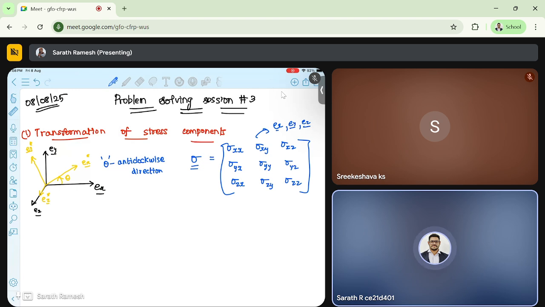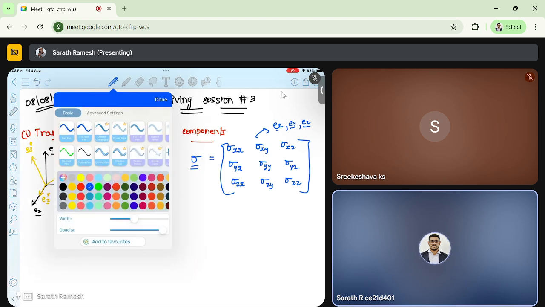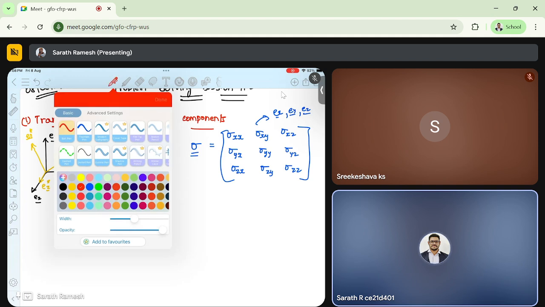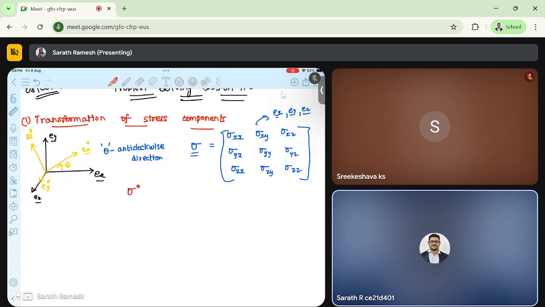If you have watched the lecture, we would have ended up in a final equation like this, that is sigma star is equal to Q transpose sigma times Q, where Q is the transformation matrix.